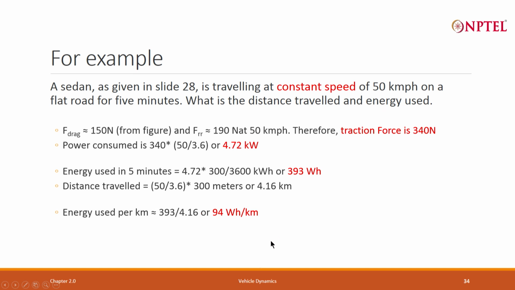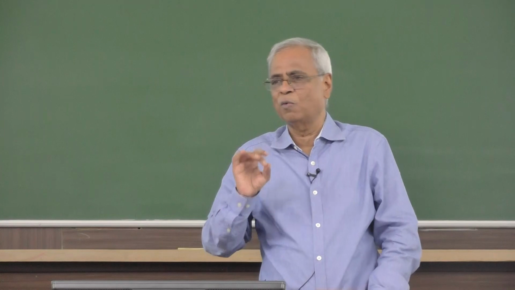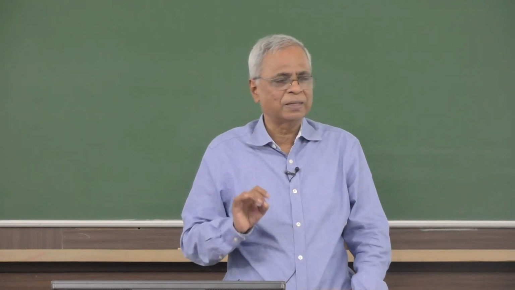So, per kilometer I am consuming about 94 watt hour per kilometer. So, if I take an ideal vehicle and just overcome drag and rolling resistance at 50 kilometer per hour, I will consume 94 watt hour per kilometer.